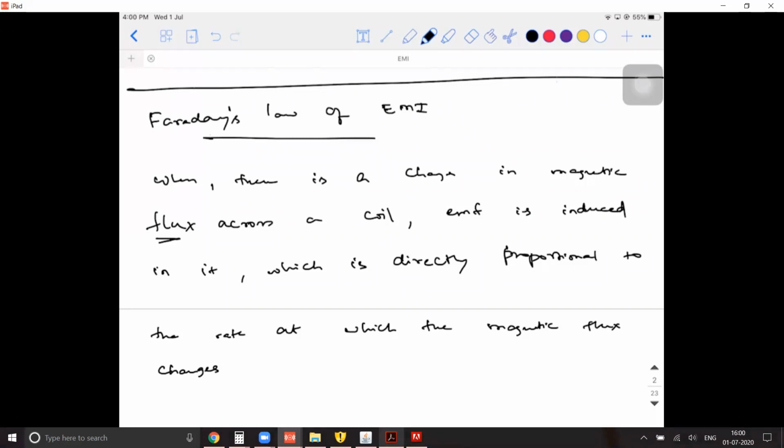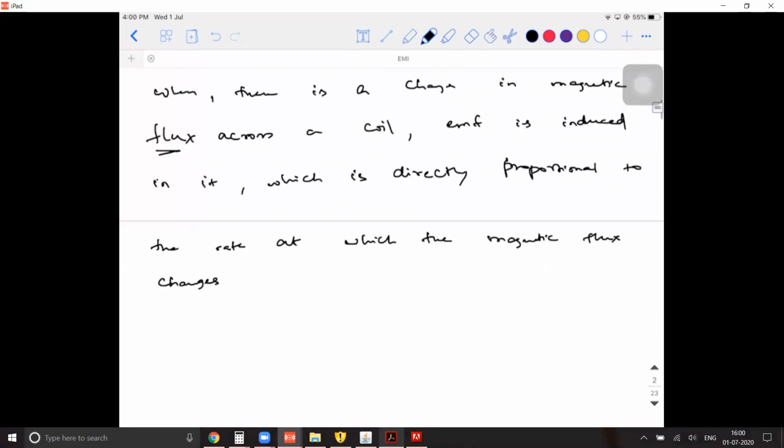So if you write the mathematical expression for it, it is like this. E is directly proportional to the rate at which the flux is changing. Or I can also write EMF is directly proportional to delta phi by delta t, both mean the same. So what is the difference here?